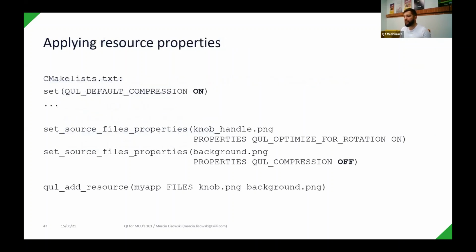And you can override this by providing the specific parameter for particular files. So if you have, in this example, Qt default compression set to on, it will mean all of the images will be stored in the compressed format. But if you are going to use one of those images as a normal bitmap, you can disable that for a single file.